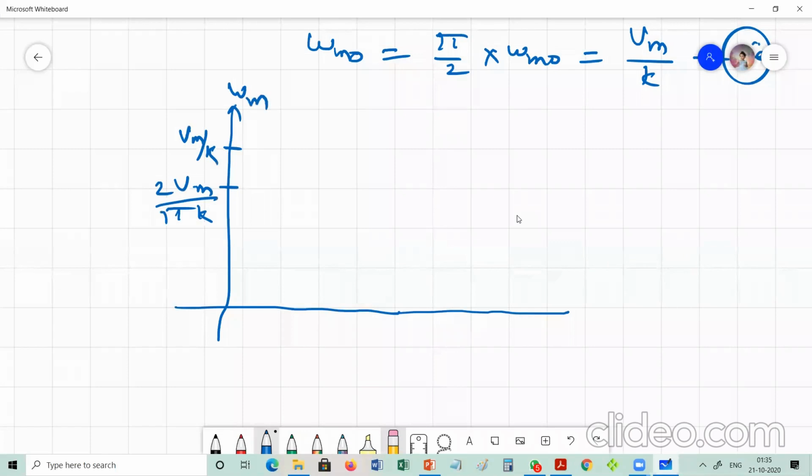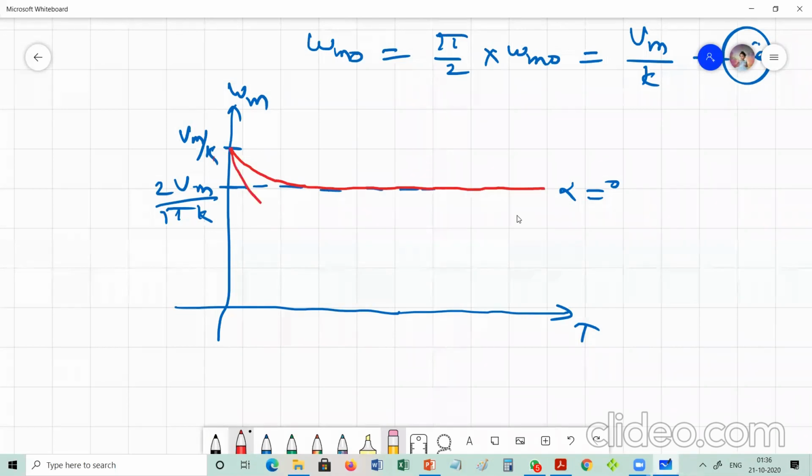This is the speed axis, this is the torque axis. This is the ideal no load speed. Ideally, for alpha equal to 0 degree, we would get a curve like this, but the maximum no load speed is other than 2 Vm by pi k, so the characteristic is like this.